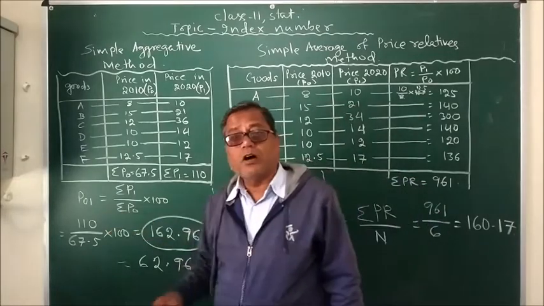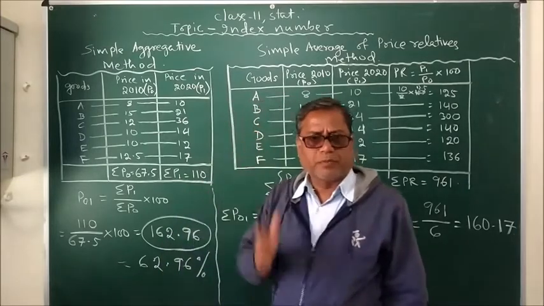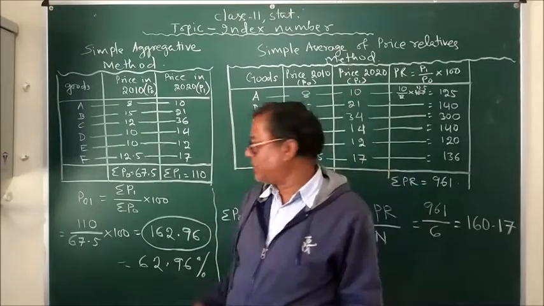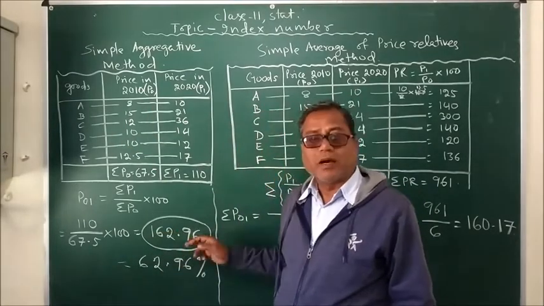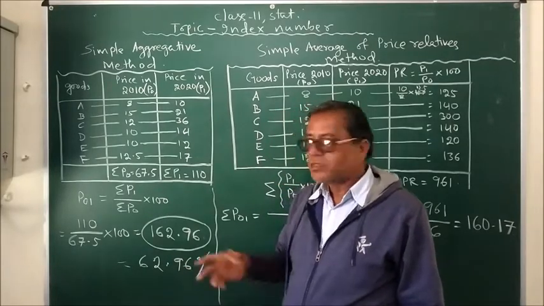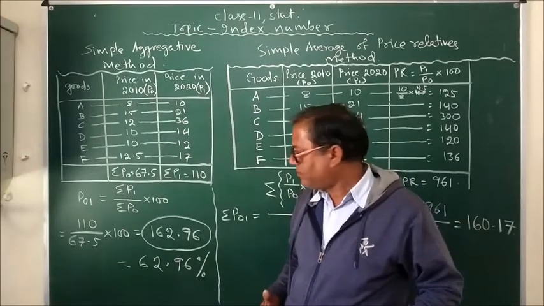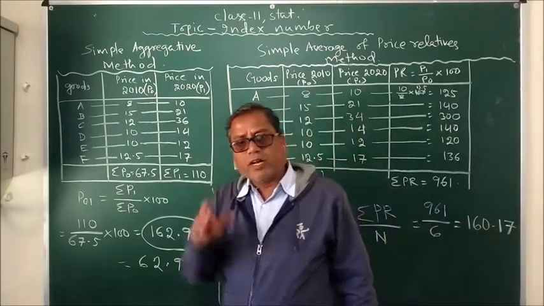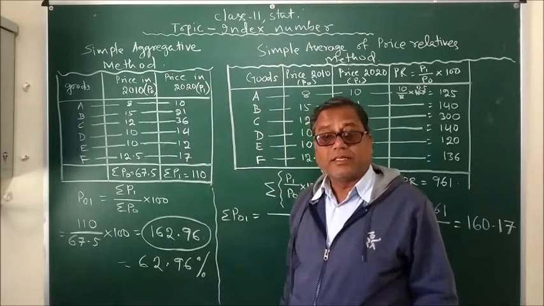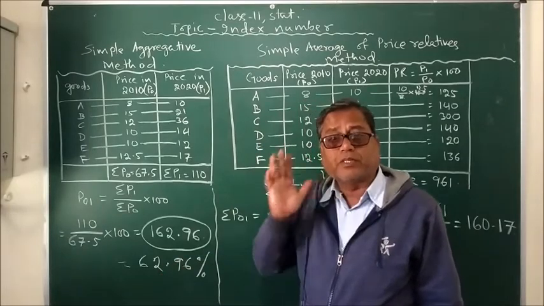Because the base year is always considered as 100. The value of the base year is 100%, and after that we measure the changes. So 162.96 minus 100 is 62.96. Hence we can say that prices over a decade, 2010 to 2020, have risen by 62.96, almost 63%.